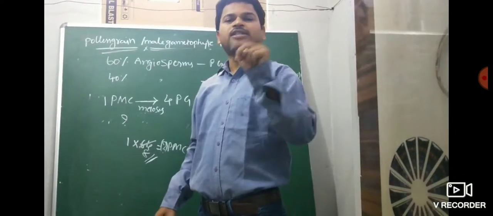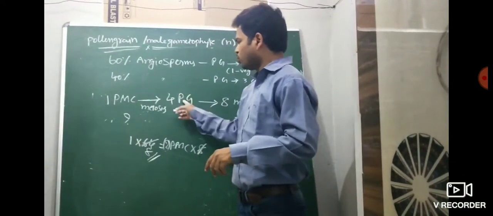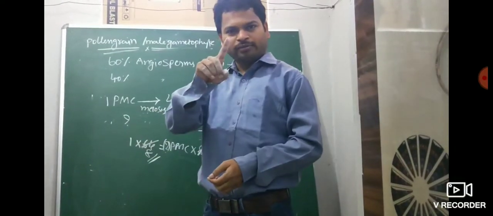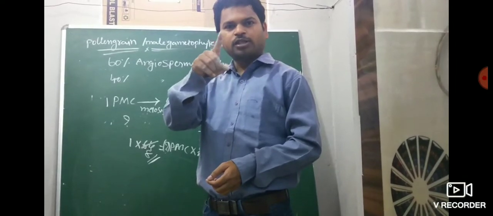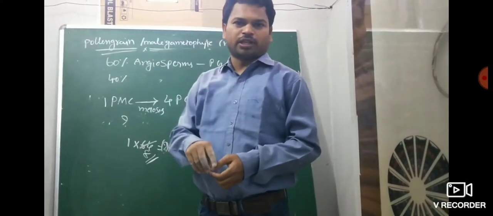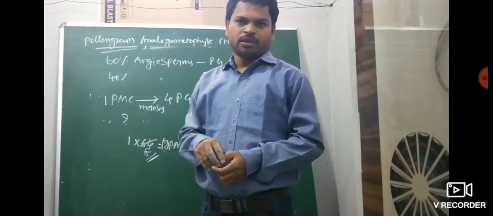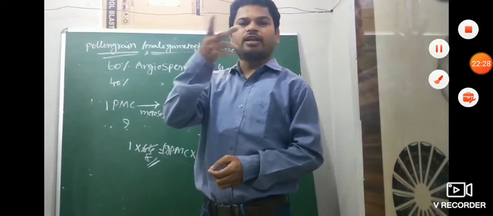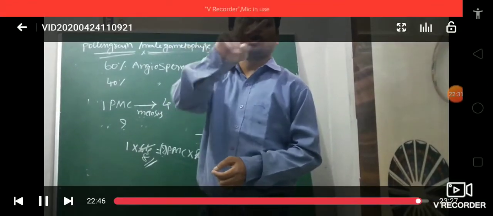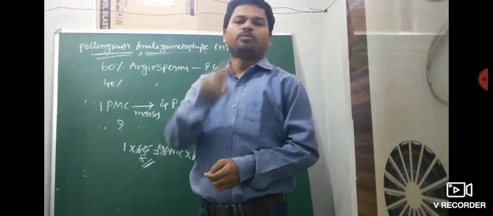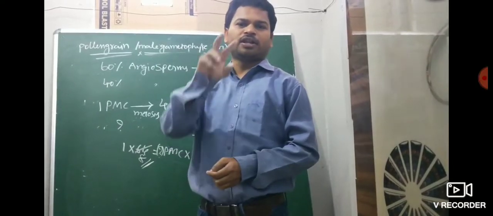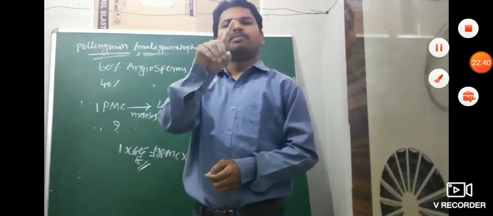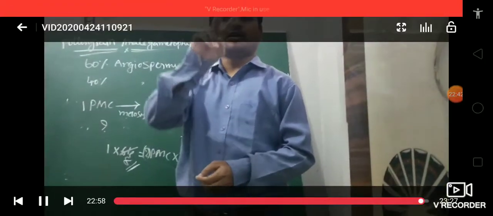One pollen mother cell produces four pollen grains by meiosis, so one meiosis. Then the pollen grain by mitosis produces one vegetative and one generative cell, the first mitosis. Then the generative cell again undergoes mitosis and produces two male gametes. So totally two mitosis. Meiosis is 1, mitosis is 2.